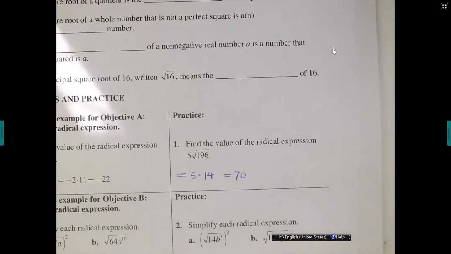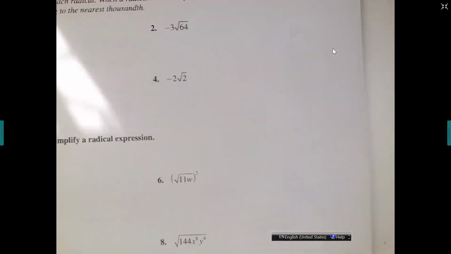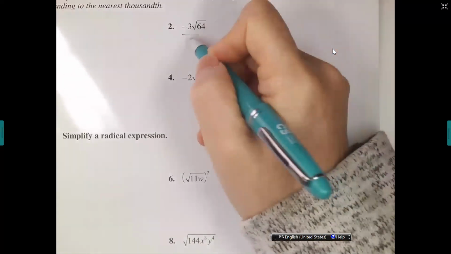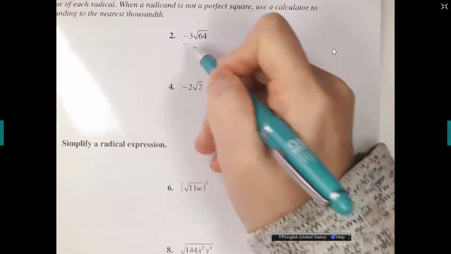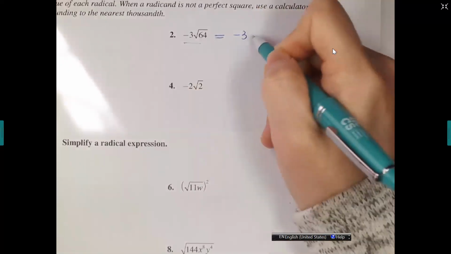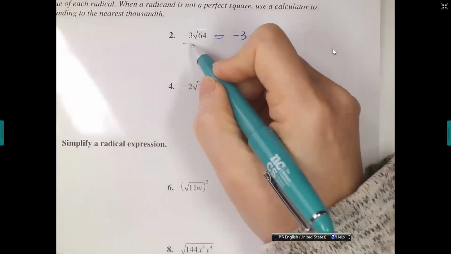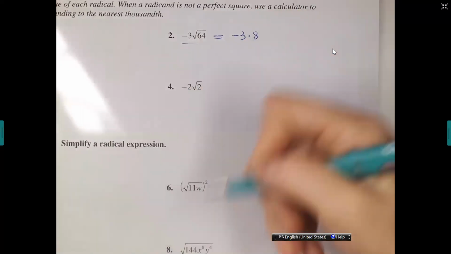Okay, and then let's practice a few more right here. If I have this one, what does this equal to? So simplify or evaluate this radical expression. It equals negative 3 times radical 64, which is 8, because 64 equals 8 squared.